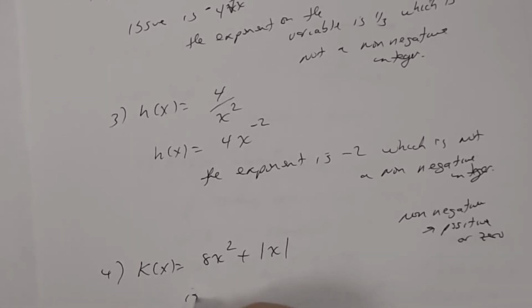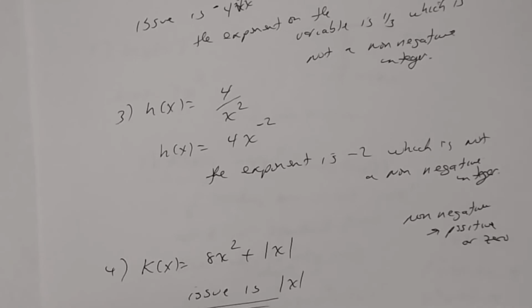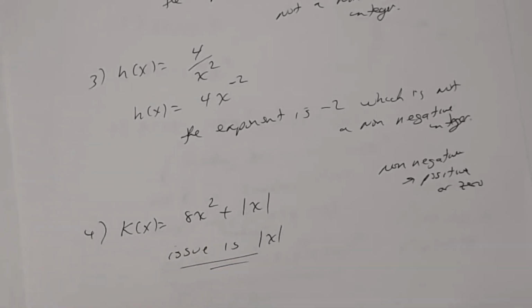Okay, so the issue is absolute value of x. Okay, so that's your issue. All right. And when we talk about something else later, we're going to look at this graph. You're going to see why it's not a polynomial function. Okay, so I gave you examples of polynomial functions, and I gave you examples of functions that were not polynomial functions.